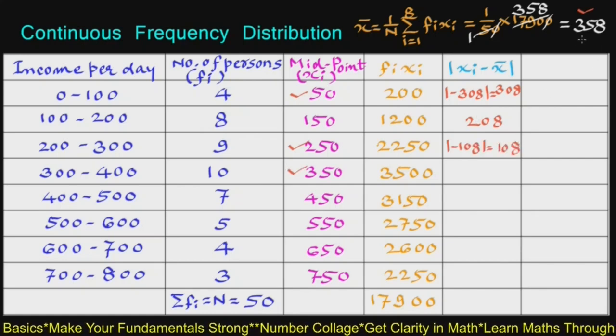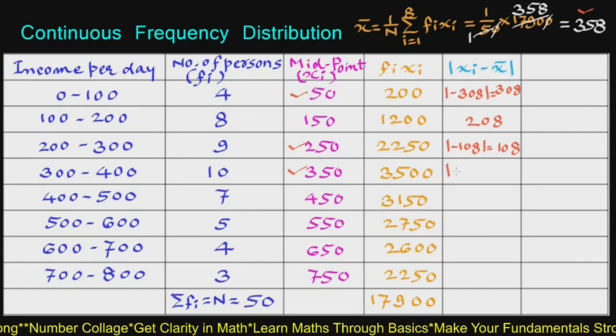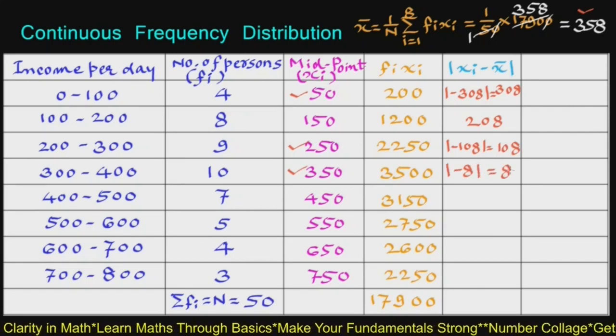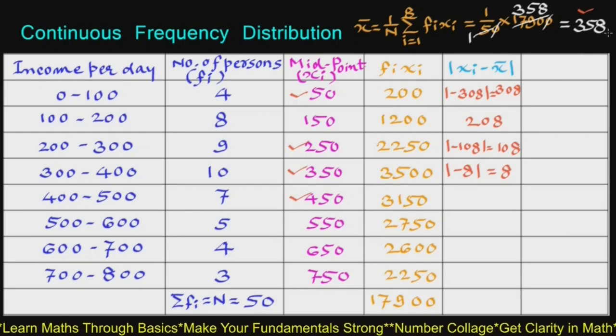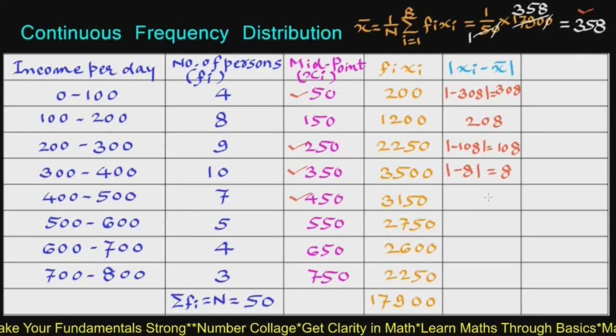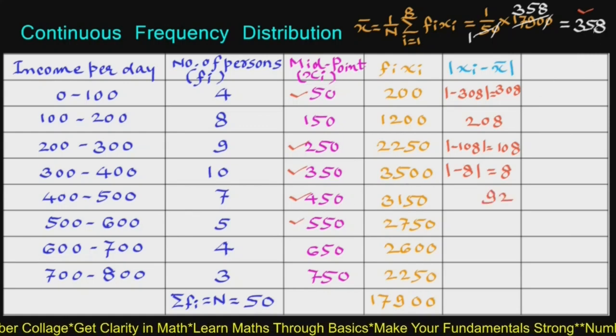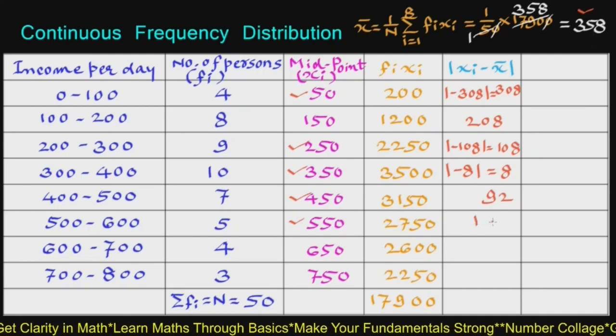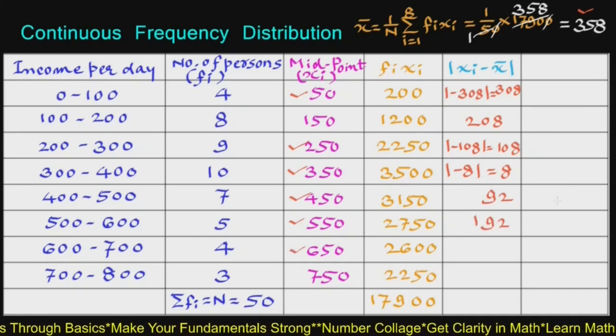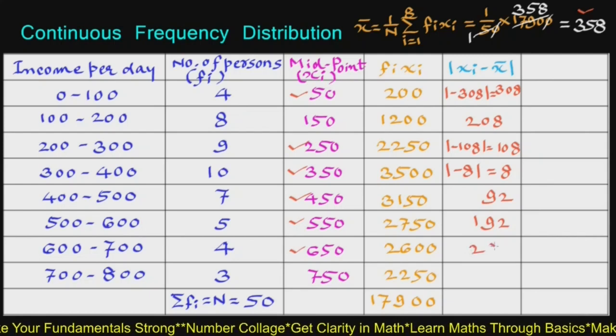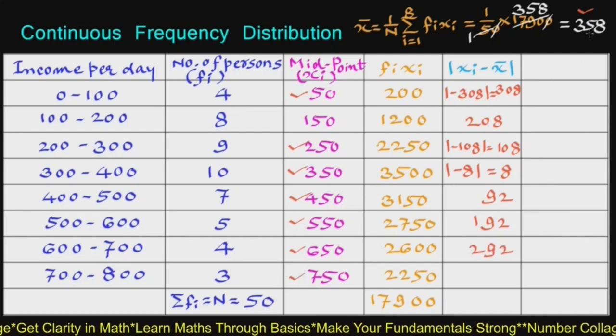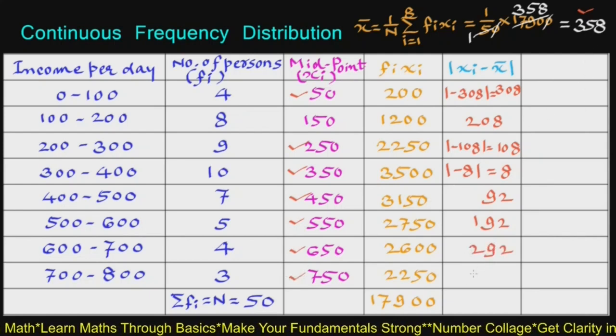Mod 350 minus 358 will be mod minus 8, which is 8. 450 minus 358 will be 92. 550 minus 358 will be 192. 650 minus 358 is 292. 750 minus 358 will be 392.